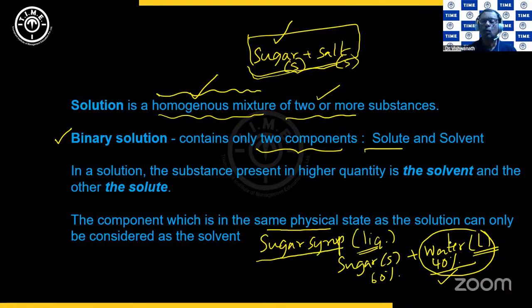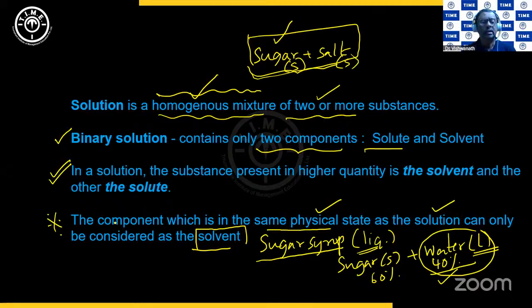That is how water, though it is lesser in quantity than the solute, which is sugar, is the solvent. So this part is to be taken seriously here. The component which is in the same physical state as the solution is considered as the solvent. Though we have considered this, there are exceptions to that.